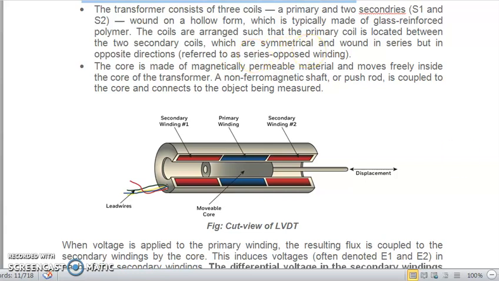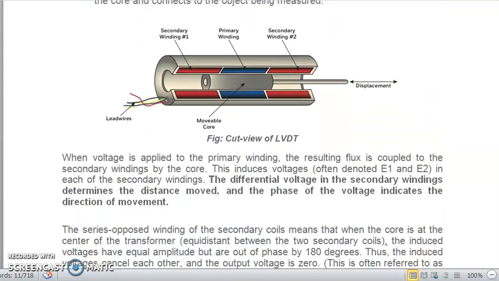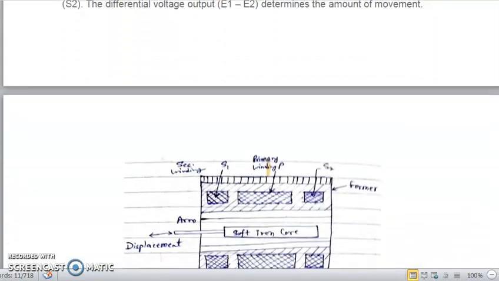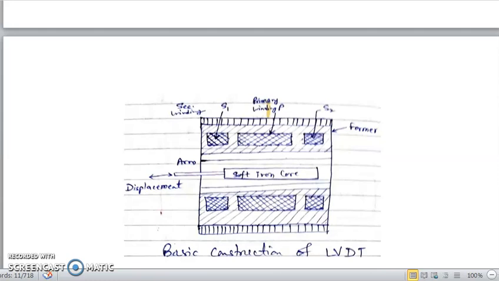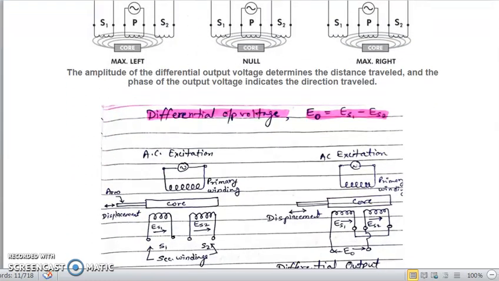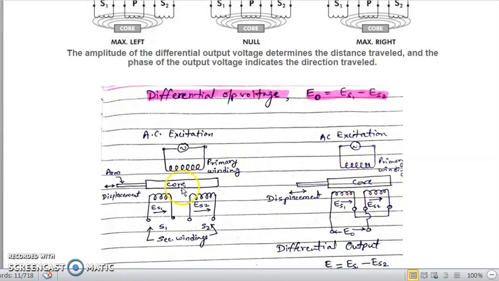Now what is series opposition? That I am showing you in this diagram. Now this is the electrical diagram. In this electrical diagram you can see that the center rectangular box indicates the core, and with this core there is a shaft which is of non-magnetic material.